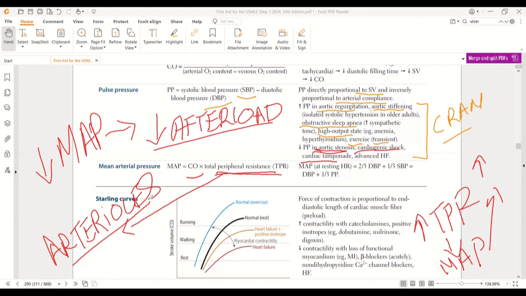I'm talking about a condition. Shock. Exercise. Exercise leads to vasodilation. Right? That's right. So these are the kinds of things you have to remember.